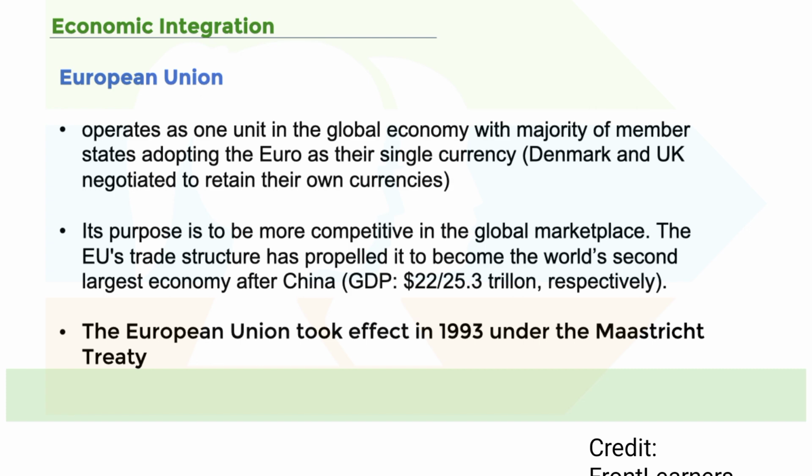Europe's trade structure has propelled it to become the world's second largest economy after China, with GDP of 22 and 25.3 trillion dollars respectively. The European Union took effect in 1993 under the Maastricht Treaty.